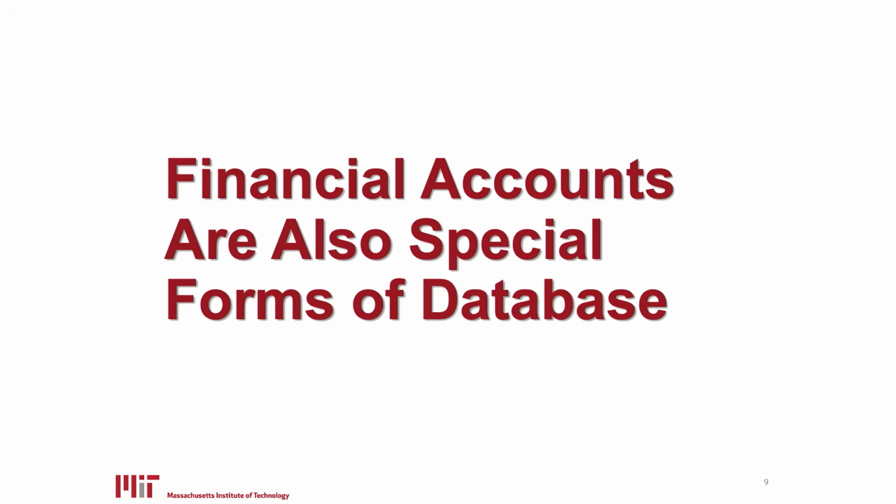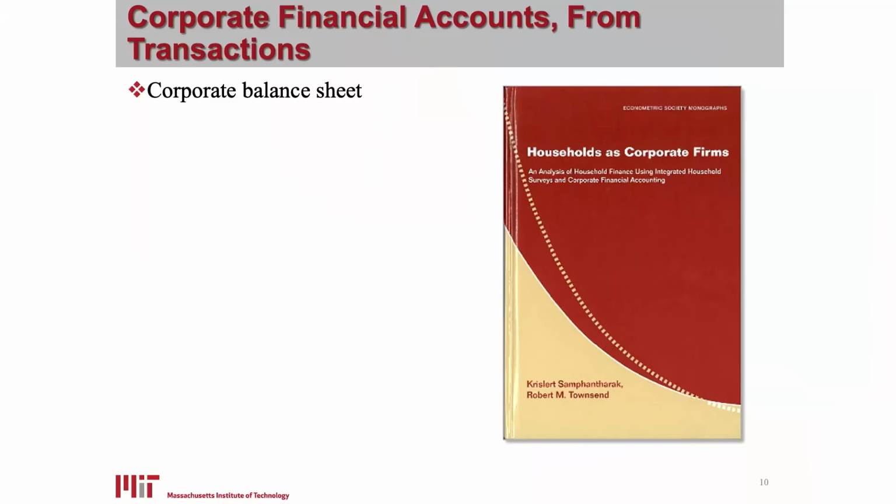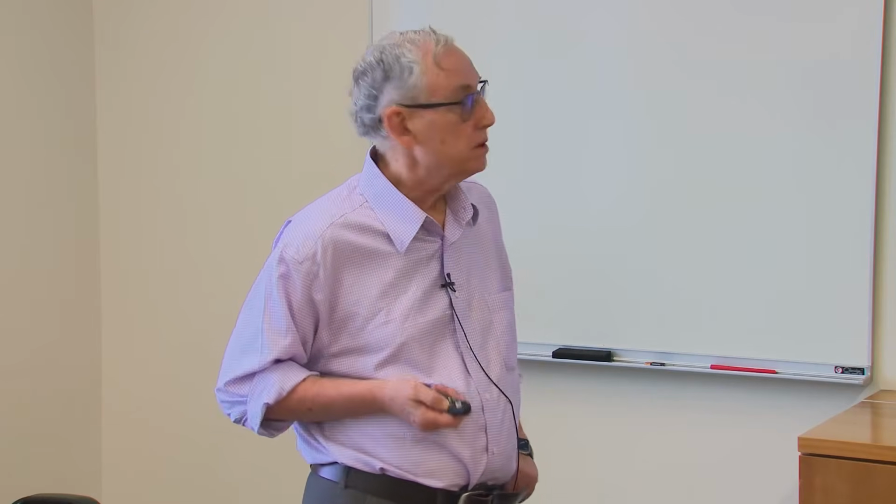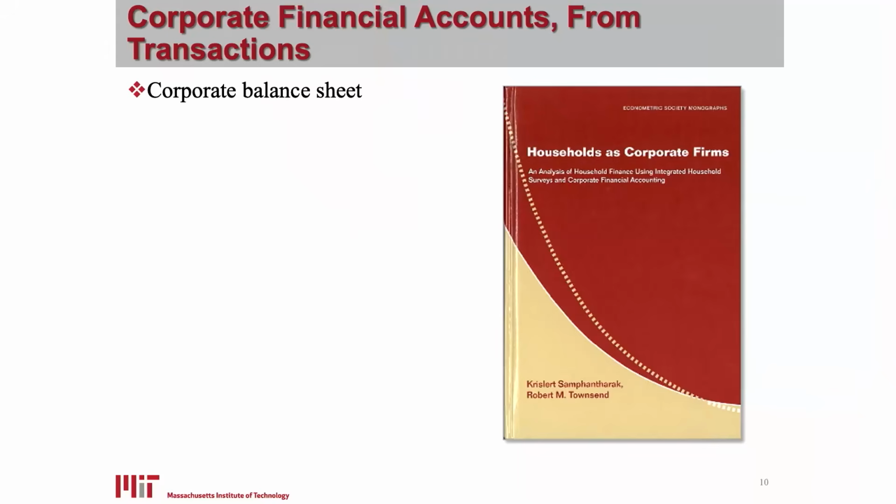Okay, so let's think about the twin cousin here, financial accounts. Financial accounts are also a sort of database. In this book, we enumerate how, even for households, to think of households as corporate firms using standard financial account constructions of the income and cash flow statements and the corporate balance sheet.